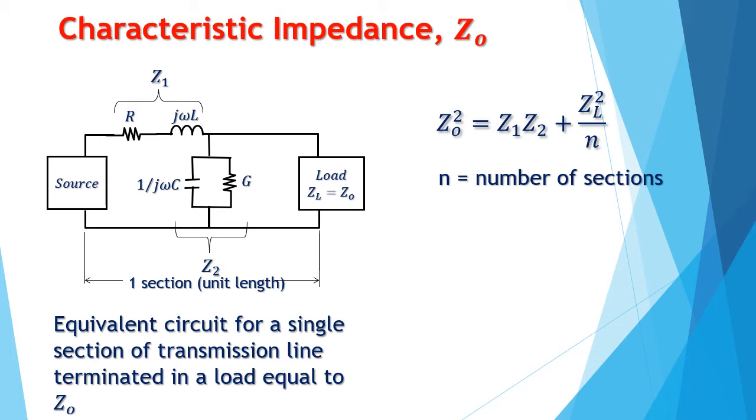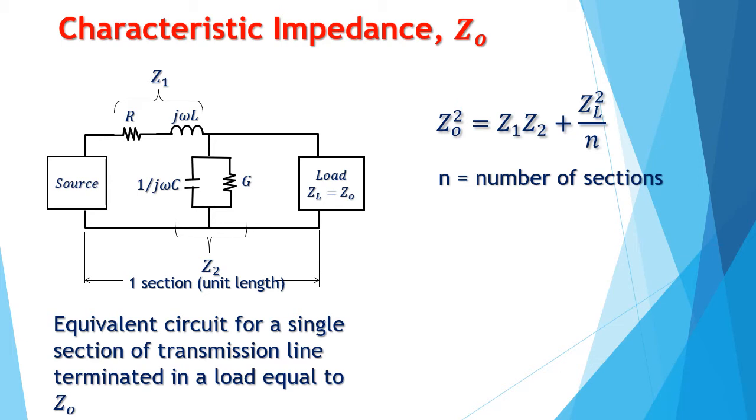Now, Z1 and Z2, as you can see from our example, are equivalent to the lumped parameters. Z1 is equal to our resistance R plus j omega L, and Z2 is equivalent to our conductance and capacitance.